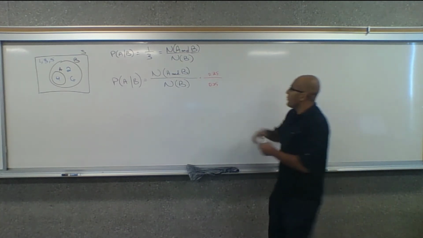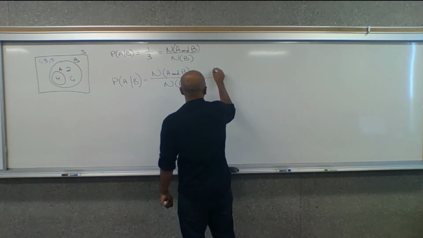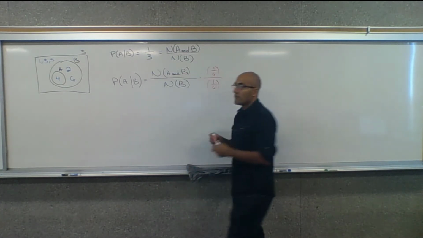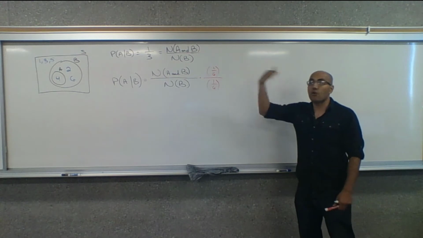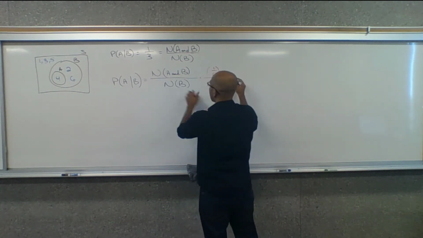Good? All right, well, one more thing here. I could choose to multiply this by 1 over 6, and this by 1 over 6, if I wanted to. And again, I would get an equivalent fraction. Okay, so that's what I'm going to use. And I'll show you why I wanted that in 1 second.